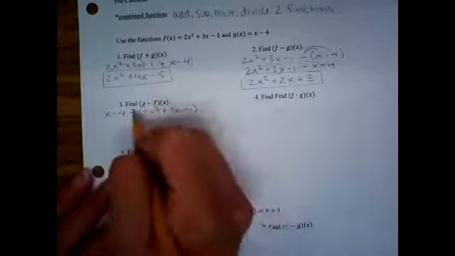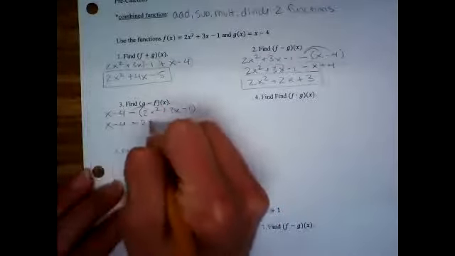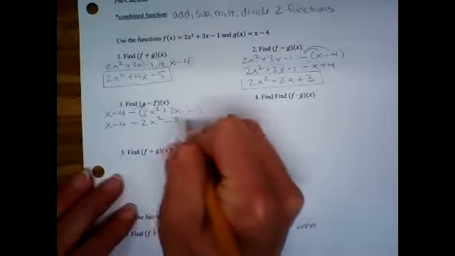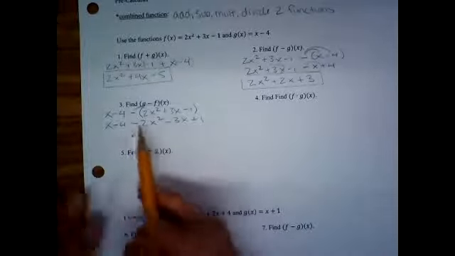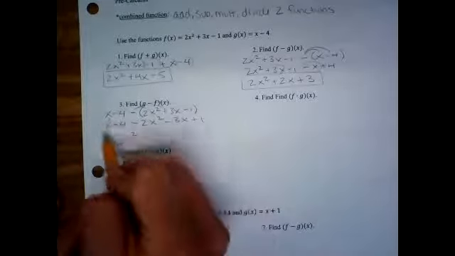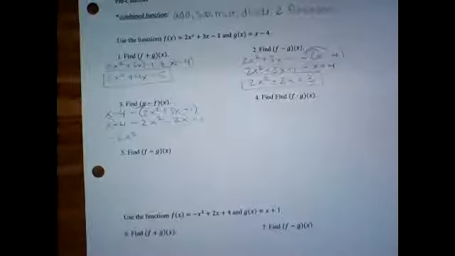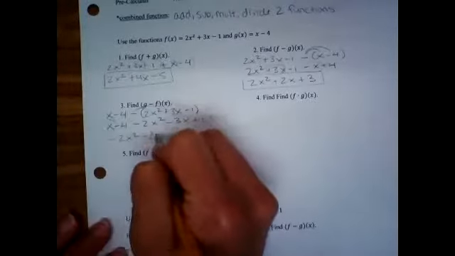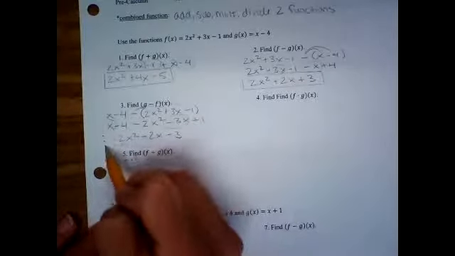And then again, make sure you distribute the negative sign because you're subtracting all of it. So it'll be minus 2x squared minus 3x plus 1. And then like terms, and I still like to make them go in descending order. So it'll be negative 2x squared. And then what? Minus 2x. And then minus 3.